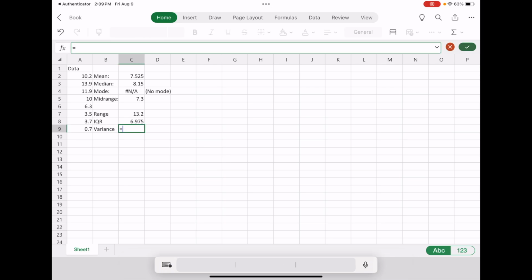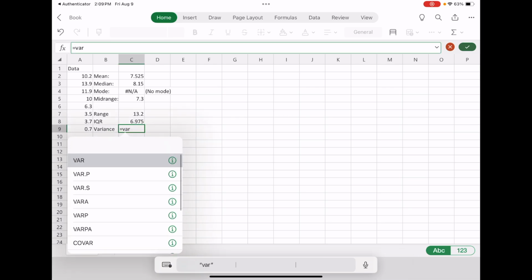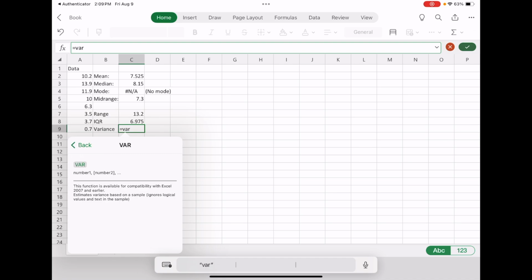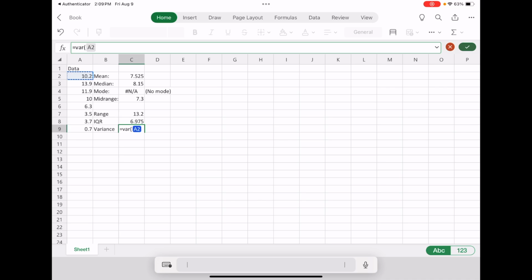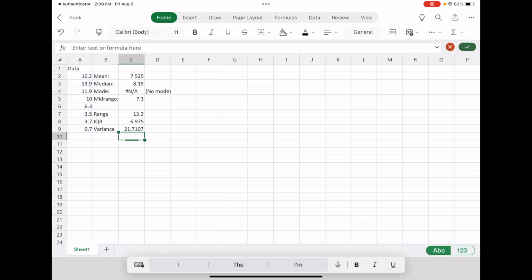That is going to equal, let's see, var, let's check. This function is available, estimates variance based on sample. Okay, very good. That's what we want. So parenthesis, grab that array, close that, enter, that looks familiar.